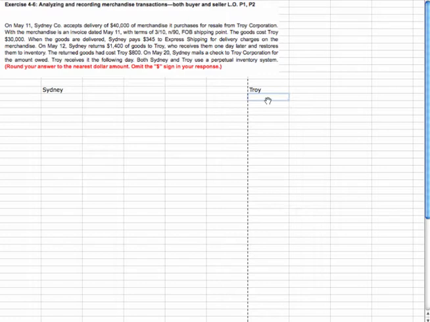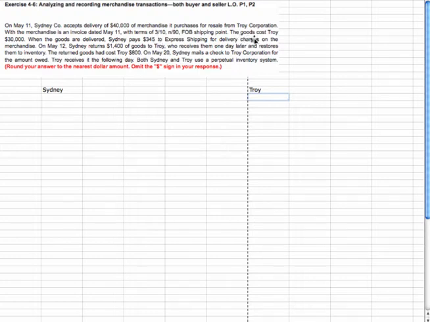With the merchandise is an invoice dated May 11th with terms 3/10, net 90. In other words, the $40,000 invoice is due in 90 days, but if Sydney pays within 10 days, Troy will grant a 3% discount to Sydney.